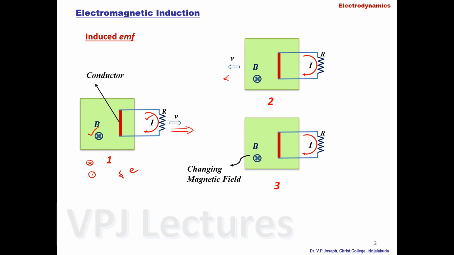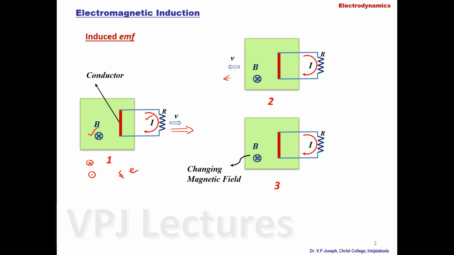Whereas in the first case, the circuit is moving with the velocity, and in the second case, the circuit is kept stationary and the magnetic field is withdrawn from the circuit region. In this case also, we get an EMF associated with the closed circuit, and an induced current flowing through the circuit.